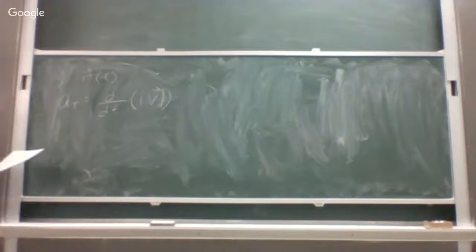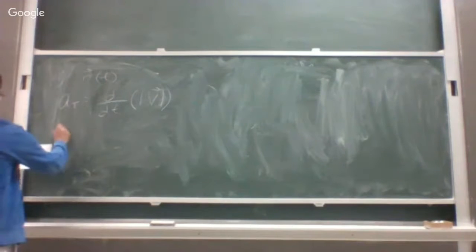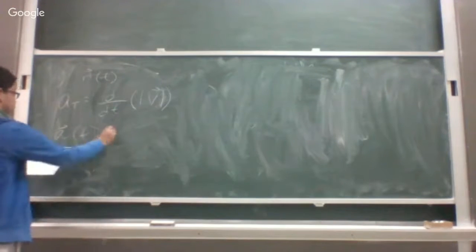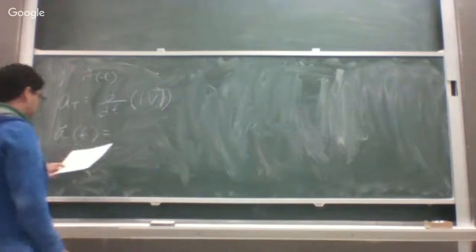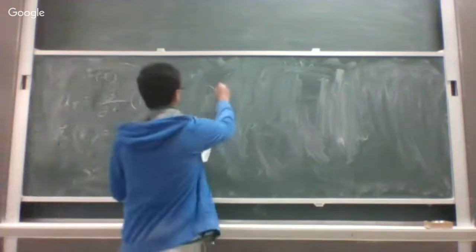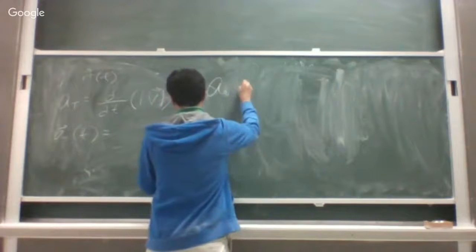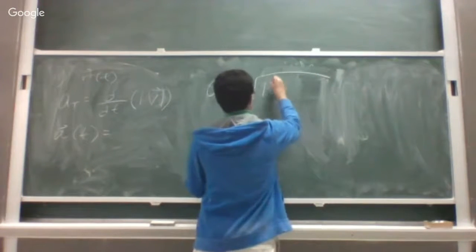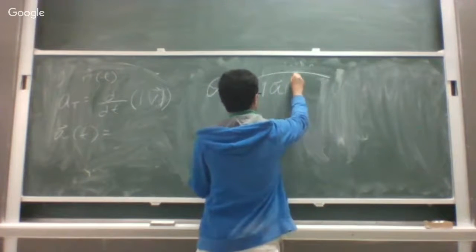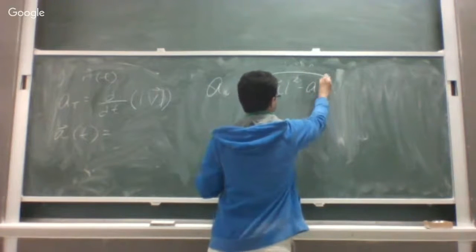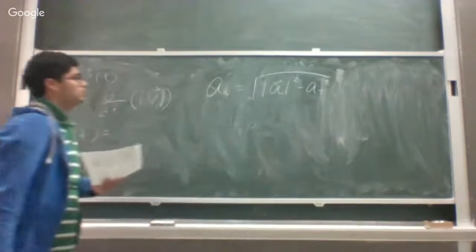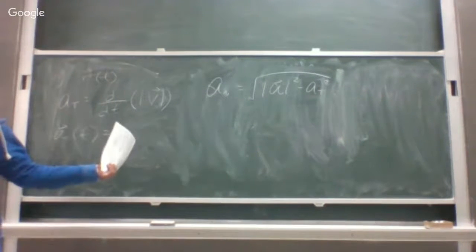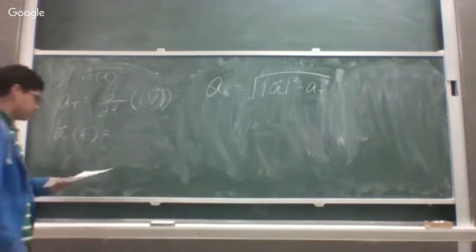Then the problem asks you to find the acceleration vector. You do that using the velocity vector. And then the normal vector is equal to the square root of the absolute value of the acceleration vector squared minus the tangential squared. So just know these formulas, essentially.